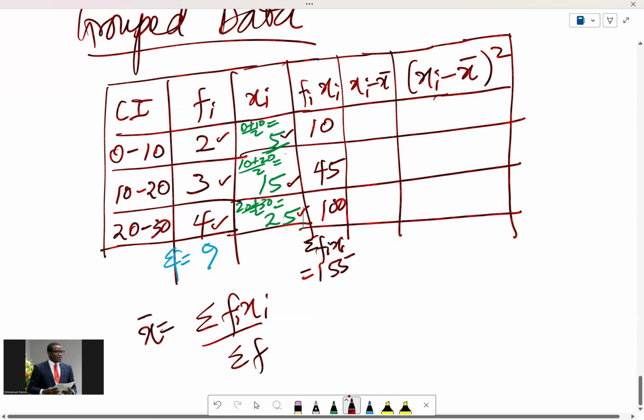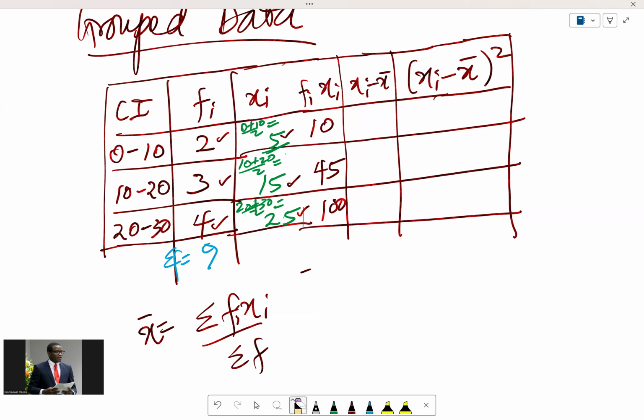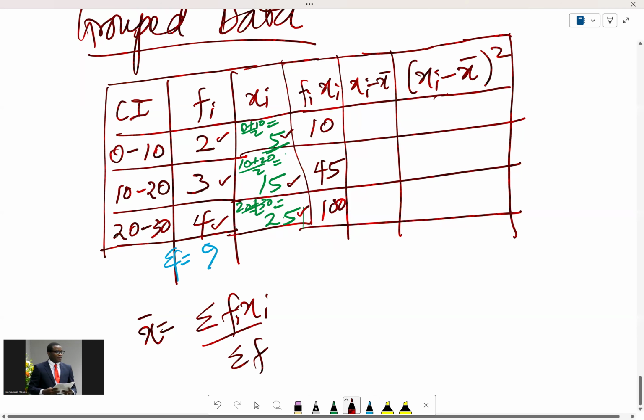Or better still, I want to use another color to make it stand out. So summation fi xi is 155. When you add 10 plus 45 plus 100, that's 155.